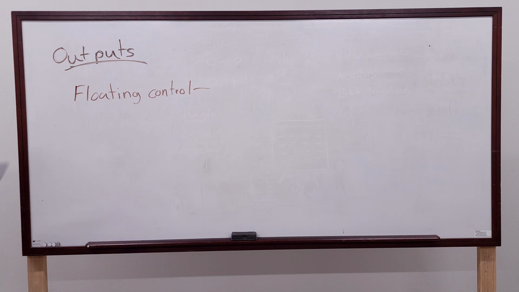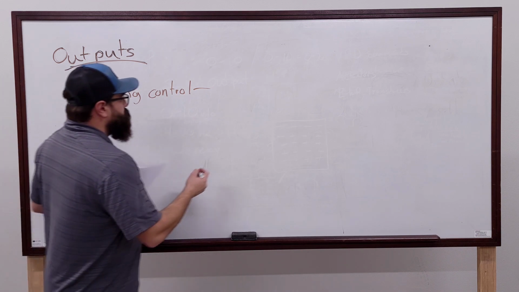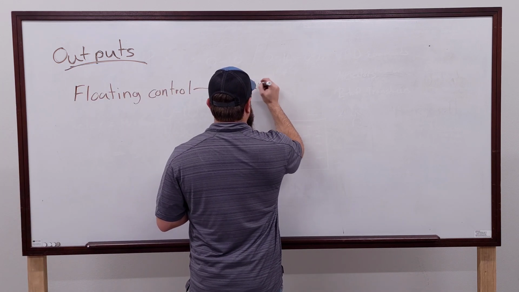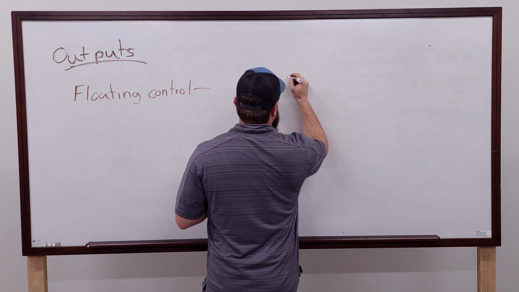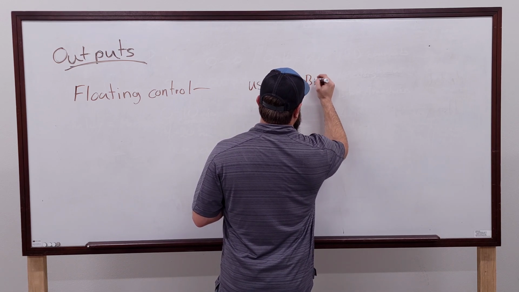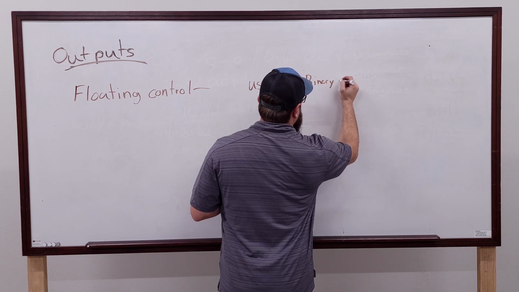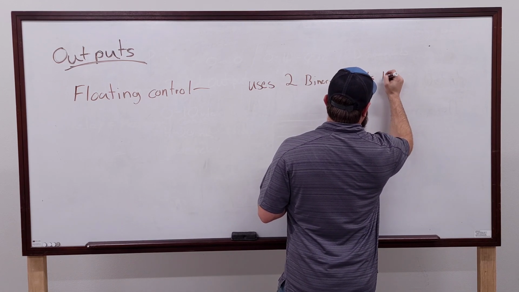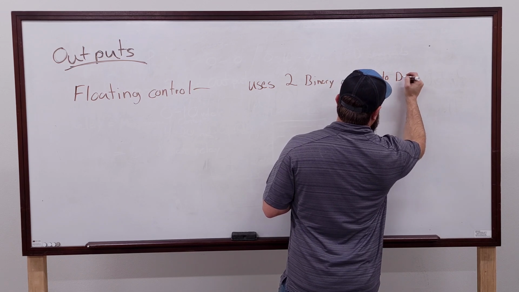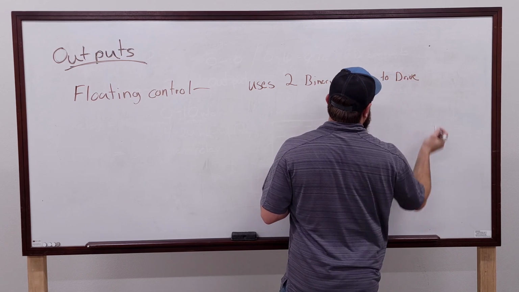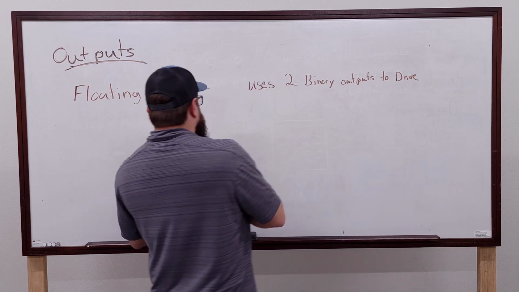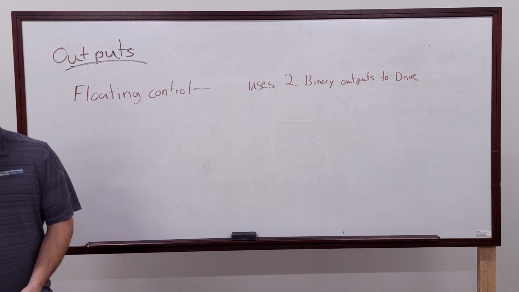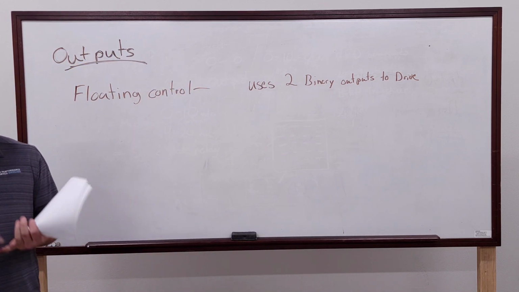So floating control uses two binary outputs to drive an actuator.